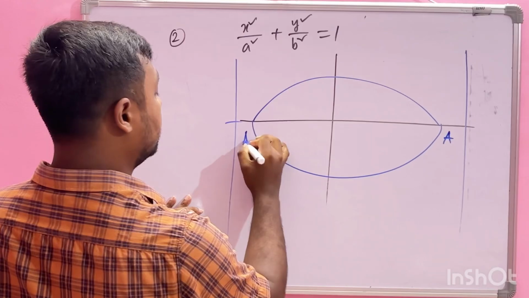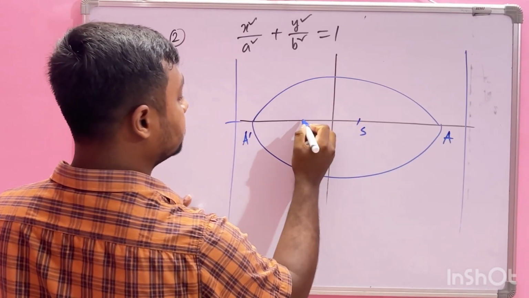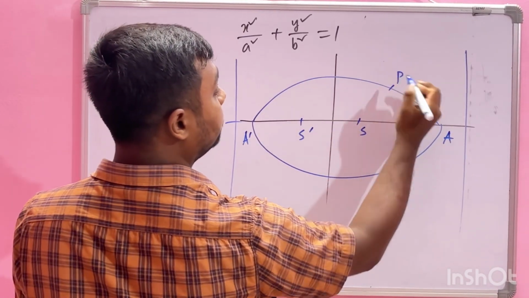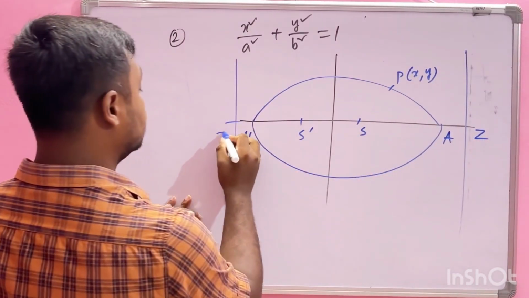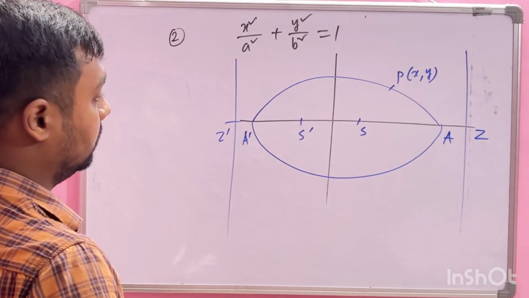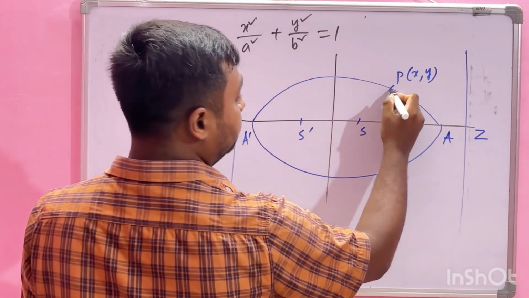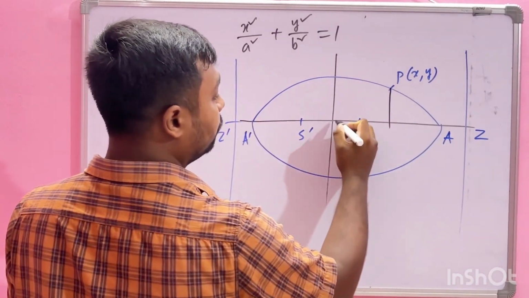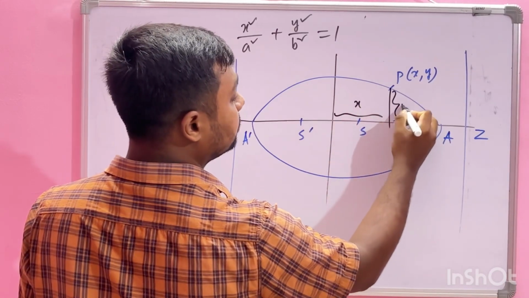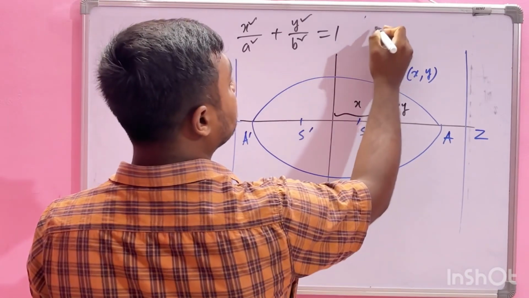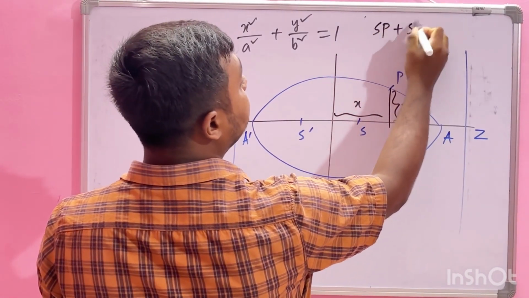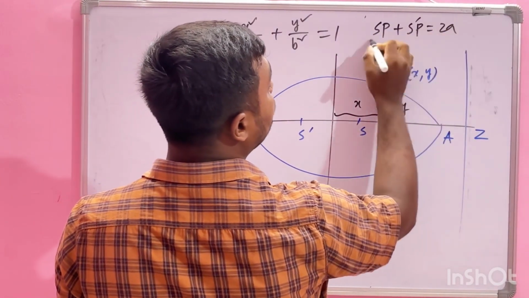A, A dash, S, S dash, a point P is there whose coordinate is (x, y), and Z is this, Z dash is this. If you draw the perpendicular from here, this is x and this is y. So for this ellipse, SP plus S dash P equal to 2a.